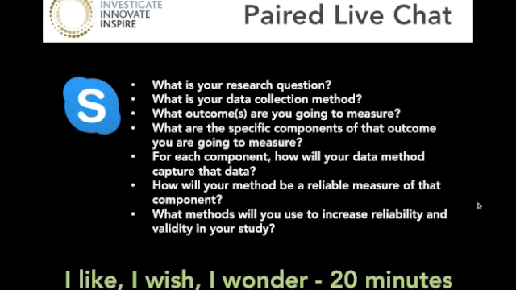What is your research question? What is your data collection method? What outcomes are you going to measure? What are the specific components of that outcome that you're going to measure? For each component, how will your data method capture the data? And what methods will you use to increase reliability and validity in your study?